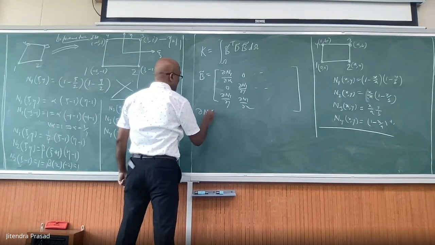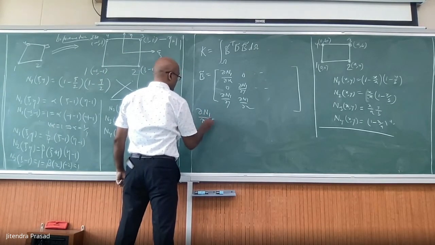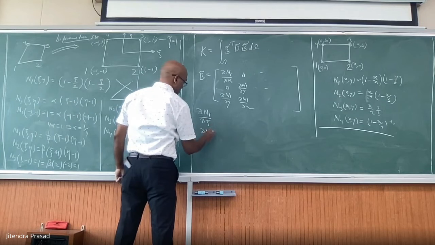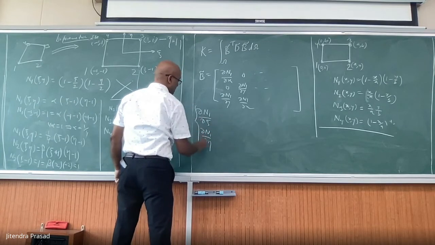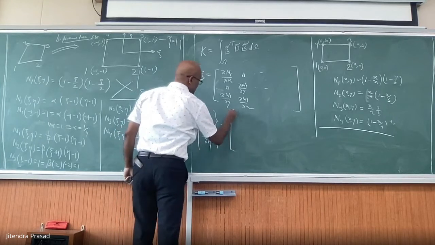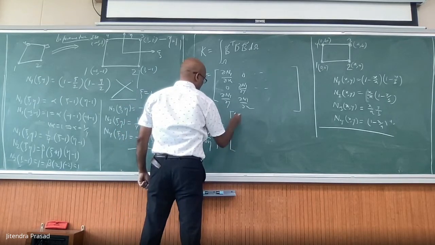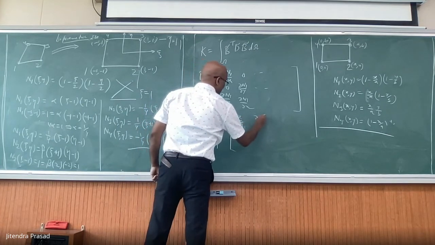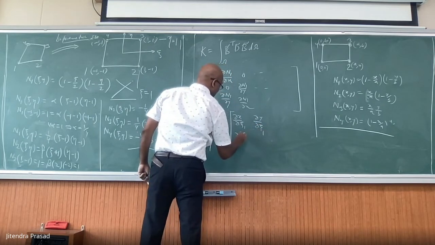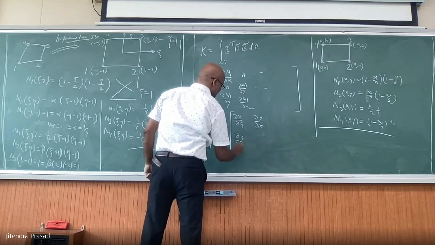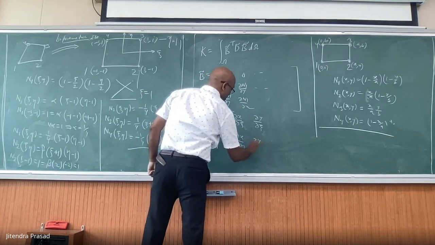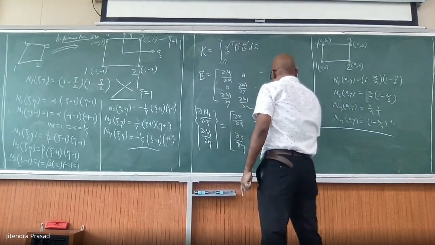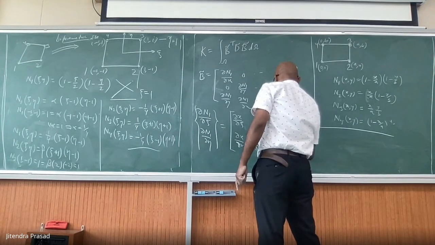The relation is del N1 over del xi, del N1 over del eta is equal to, remember, you have the J matrix: del x over del xi, del y over del xi, del x over del eta, del y over del eta, and then del N1 over del x, del N1 over del y.